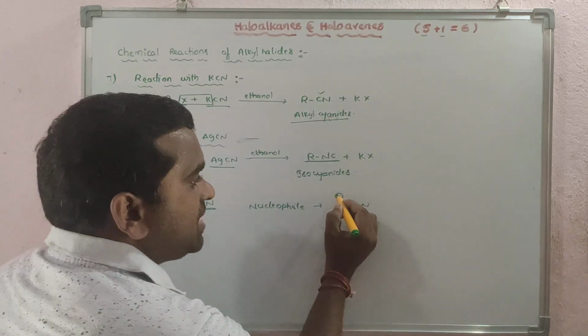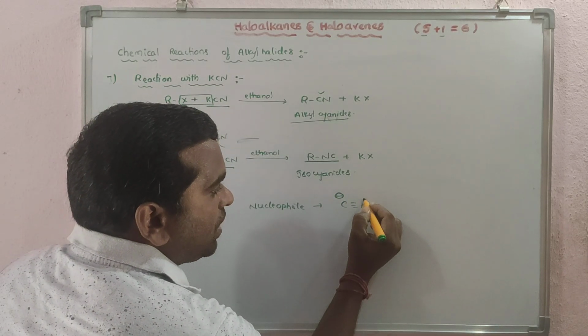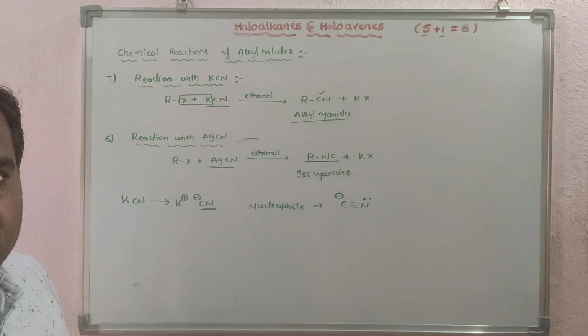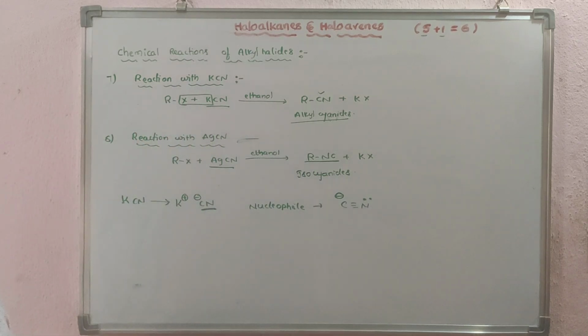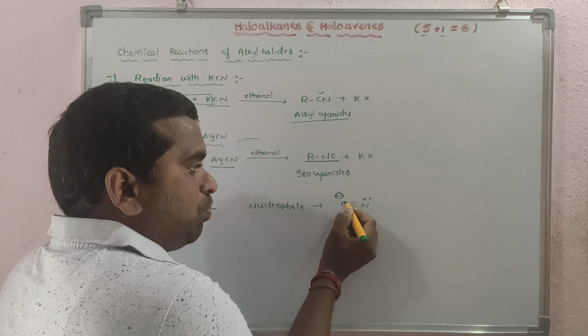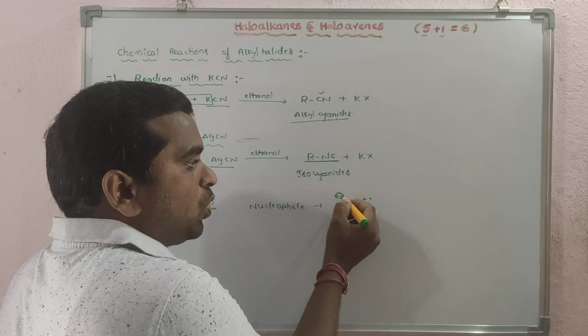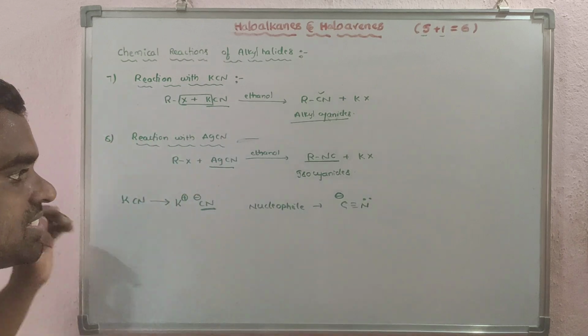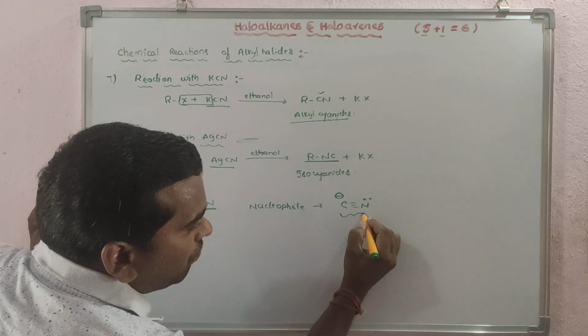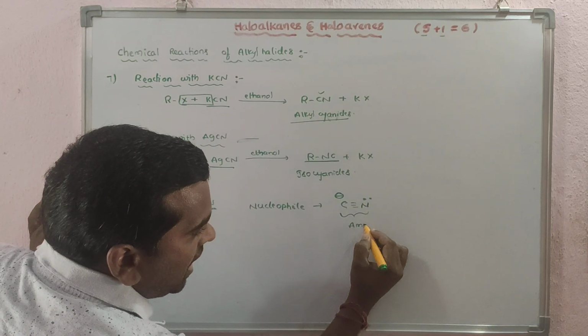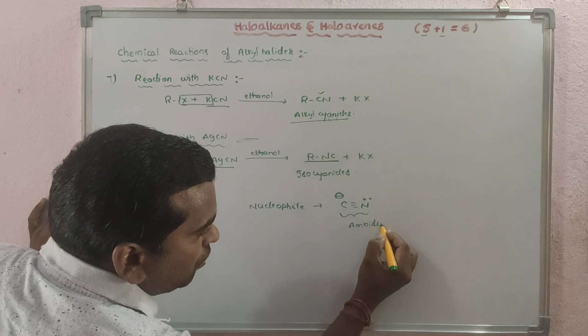One is carbon, and the other is nitrogen, which has a lone pair of electrons. Both atoms are nucleophilic centers, and this type of nucleophile we call an ambident nucleophile. What are ambident nucleophiles?